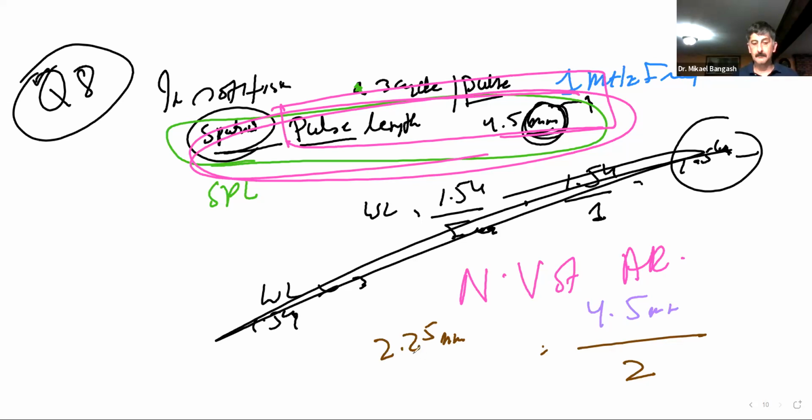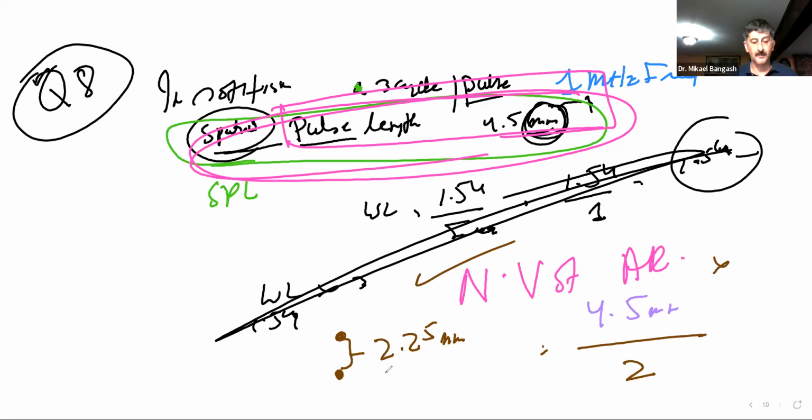And what would that mean? That as long as there is at least a distance of 2.25 millimeters between this structure here and this structure here, you will have a good axial resolution. If this distance was less than 2.25 millimeters, then you would have a bad axial resolution.